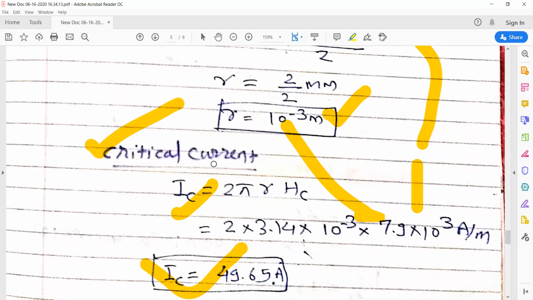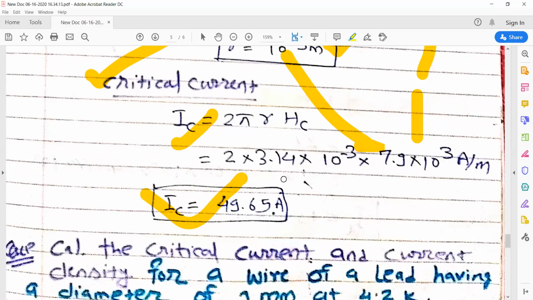Critical current and magnetic field are correlated, because whenever current passes through the wire, a magnetic field is generated, and that magnetic field will destroy the superconducting state. We already saw that in the lecture series. Only 10 minutes left.